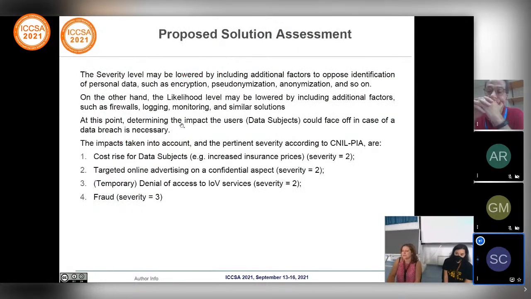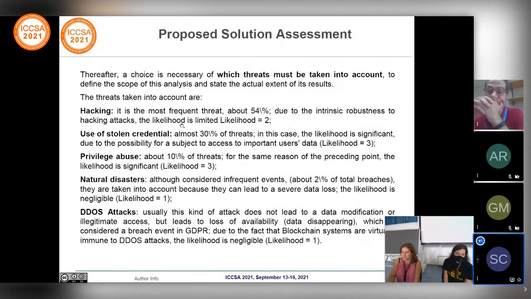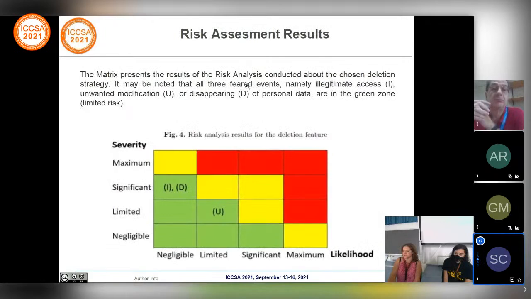After performing some experiments, which are also provided in the full version of the paper, we obtained this matrix, in which we can see that the three feared events also cover the green area, that is to say, where the severity is significant, limited or negligible.